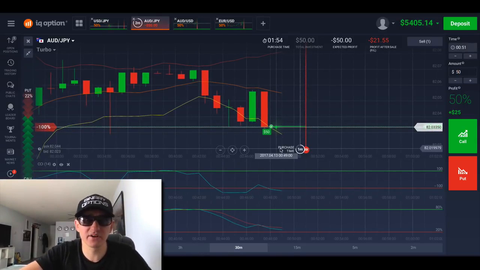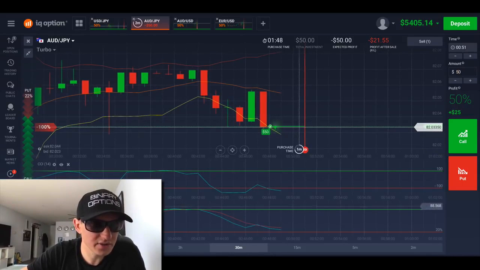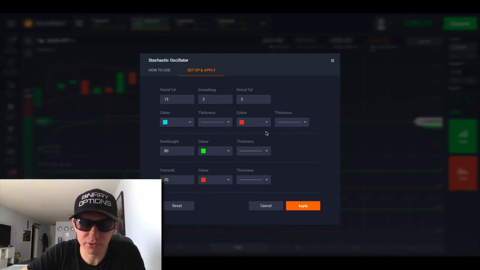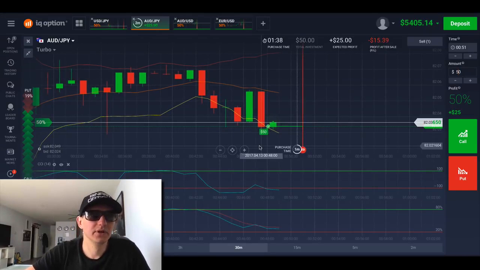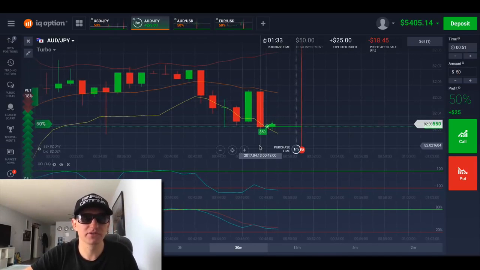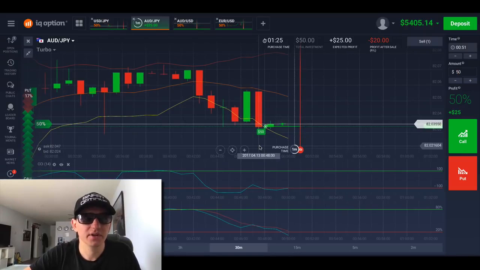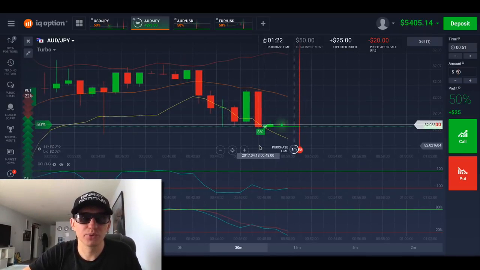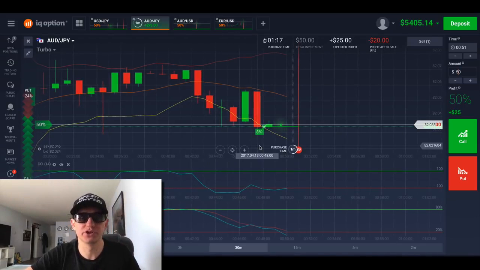As you see, stochastic oscillator consists of the two lines, the K line and the D line. K line is blue and D line is red. So the K line measures how the current closing price is in relation to the total price range for the defined time period. The D line creates the second line, which is also plotted on the diagram, and it is a 3-period moving average of the K line.